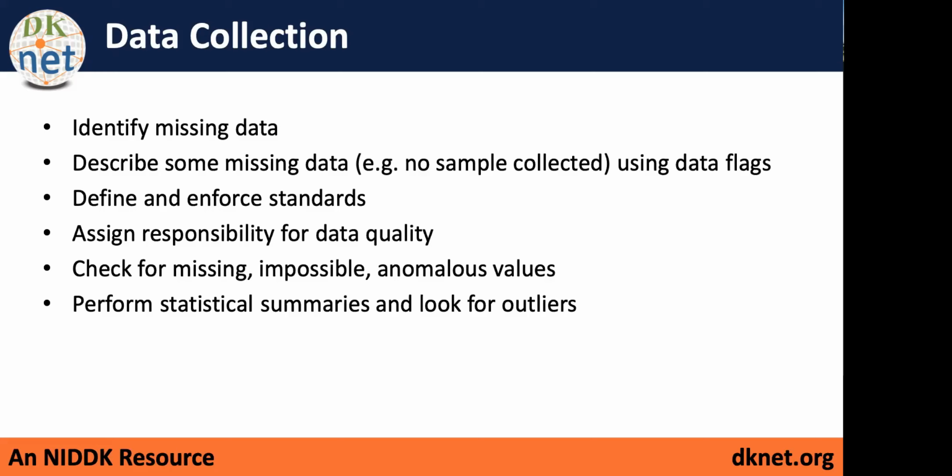You need to have some way to do a quality check to make sure that you're identifying this missing data. How do you describe the missing data? Leaving a field blank doesn't really tell me what happened. Was it because it couldn't be collected, or whatever you're trying to measure didn't happen? So you need to specify specific data flags for describing this missing data.